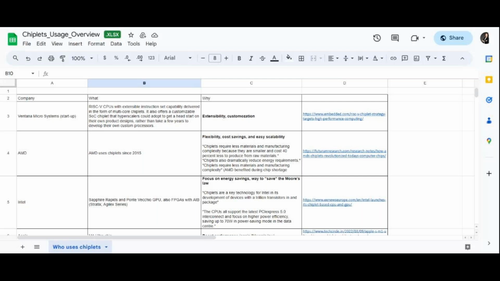This is AMD and Intel. And AMD's motivation is flexibility, cost savings, and easy scalability. They've been using chiplets since 2015, and they have already successfully reused chiplets in their systems. The motivation they have is that the manufacturing complexity is smaller, and you also save about, this is the AMD estimation, about 40% of the cost.